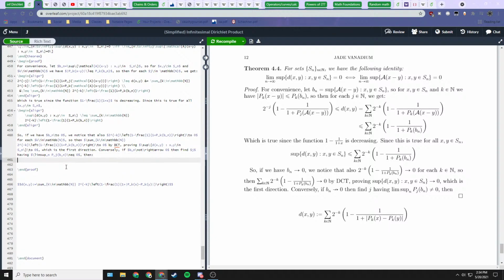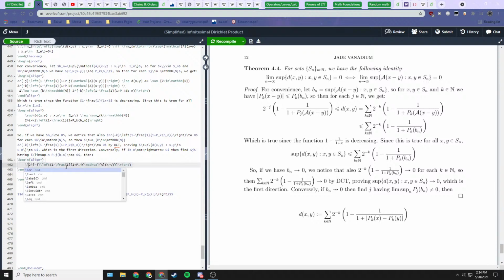And we get the supremum across n of this term... that's not quite right. Okay, let's actually just do it the whole way.